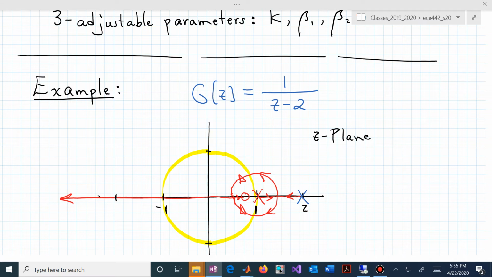But now maybe we want to pull those triangles, those closed loop poles, a little further into the unit circle.